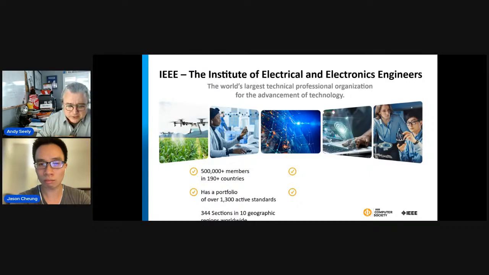If you're connecting to this on a Wi-Fi connection, for example, that's based on an IEEE standard. These are things that touch pretty much everybody all the time. We also do conferences, publications, and a huge array of professional activities and opportunities.